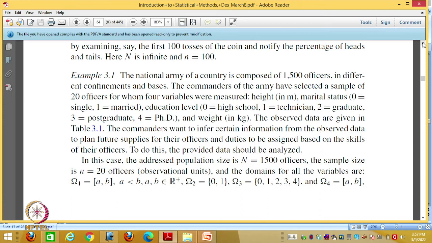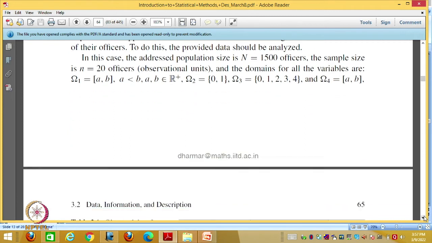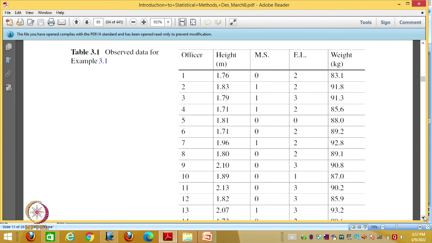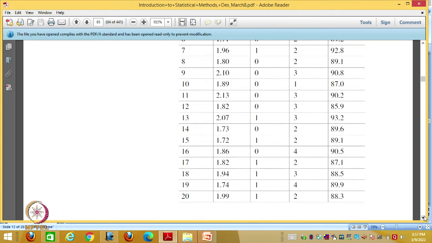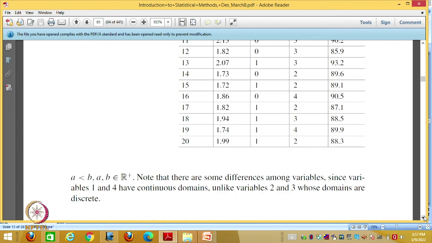In this example the population size is 1500 and the sample size is 20, and according to the information which we have collected the table is created. Fine. So, this is the observed data for the example which I want to explain, and the same example is going to be used to illustrate the graphical representation of the data also.